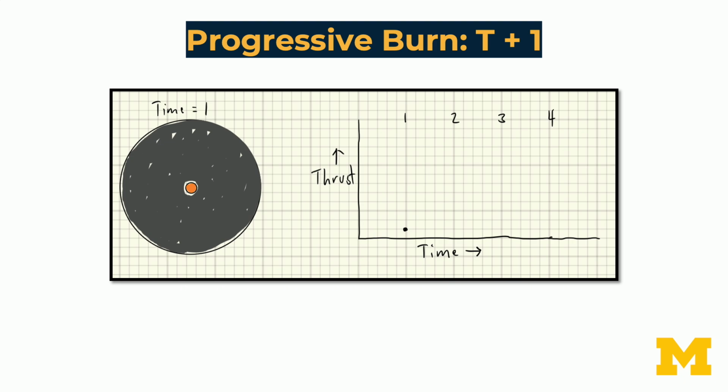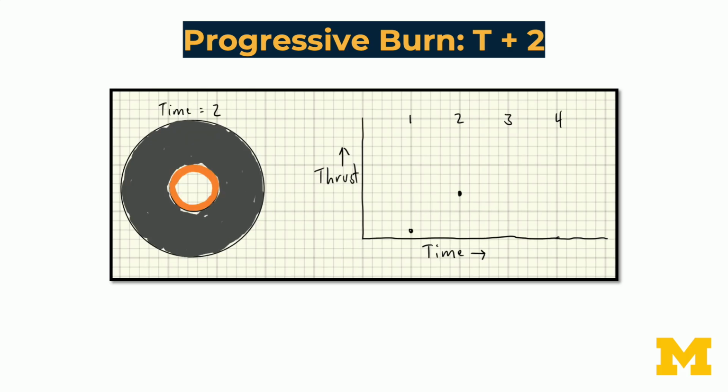So let's look at this little circle one, right? The typical solid rocket engine where you have just this hole in the middle and the grain is a circle around it. If you look at time one, there's this very little hole, so a very small amount of the grain is exposed, so a very small amount of mass is being burned. If you go through time, though, more grain is exposed because it's burning. More and more grain is being exposed because the hole is becoming bigger and bigger.